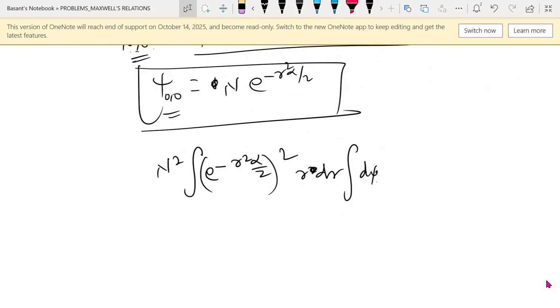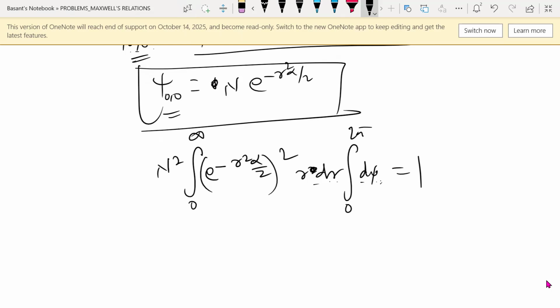But the phi term is not here, it means the exponent is 0, so this is 1. So I have to take d phi as another term. So this is 0 to 2 pi, and this is 0 to infinity, and the total probability must be 1 for this function.